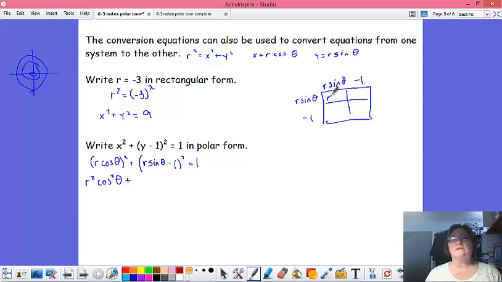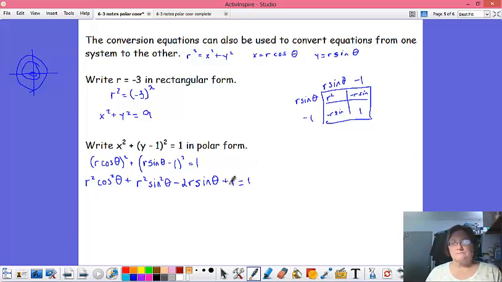So we're going to get an r squared sine squared theta, we're going to have negative r sine theta twice, minus 2r sine theta, and then negative 1 times negative 1 is 1, plus 1 equals 1.